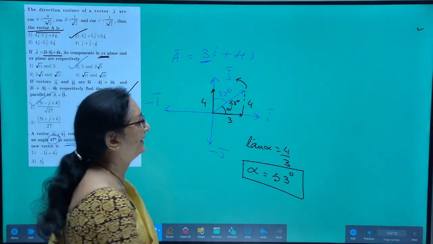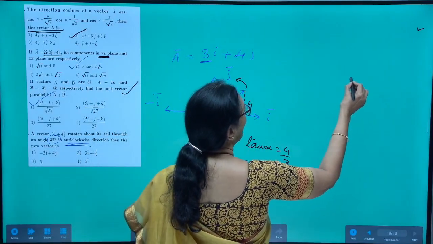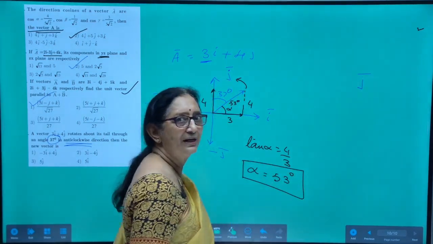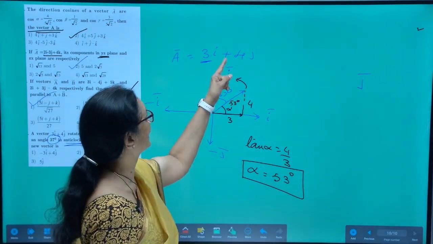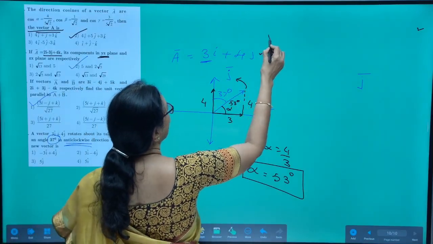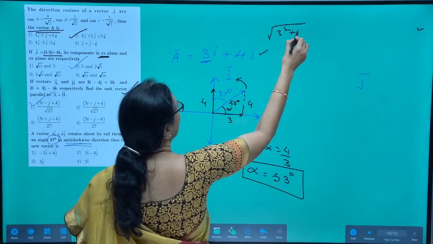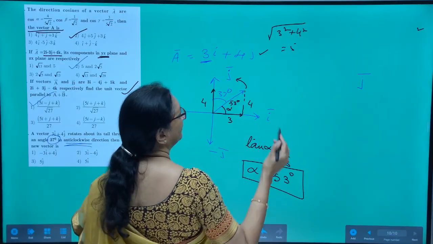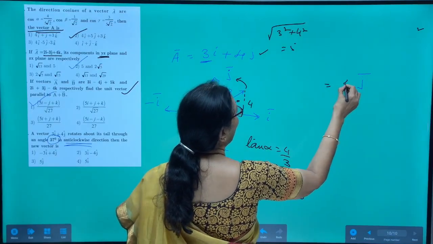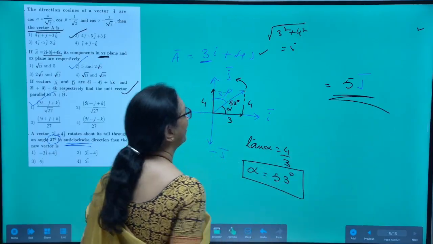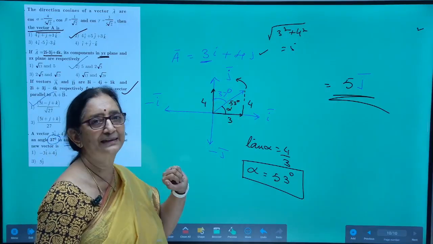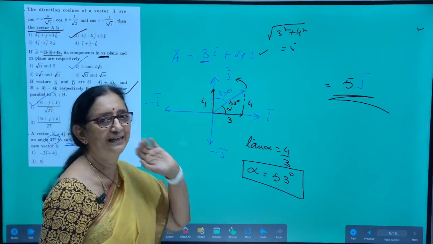After rotating, the vector is along the y-axis, which implies it is only j bar with the same magnitude as the original. The magnitude of this vector is square root of 3 square plus 4 square, that is equal to 5. So, the vector becomes 5j bar after rotating it about its tail through an angle 37 degrees anti-clockwise.